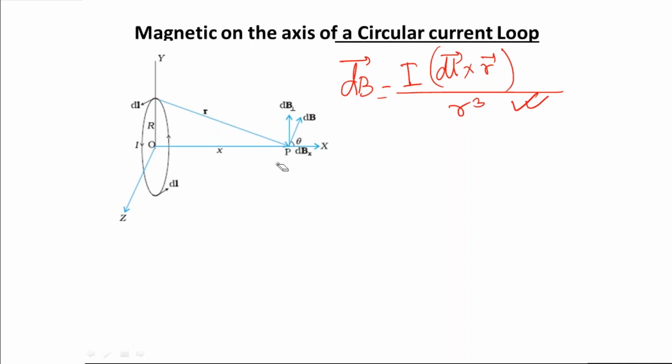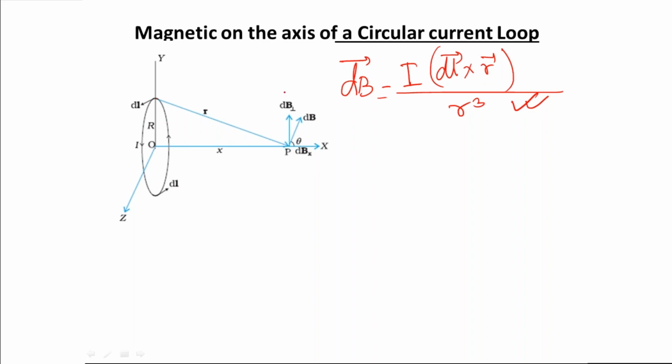From the center of the loop at x distance, I have taken this point P. Since this loop is kept in the YZ plane, the axis of this loop is the x axis.